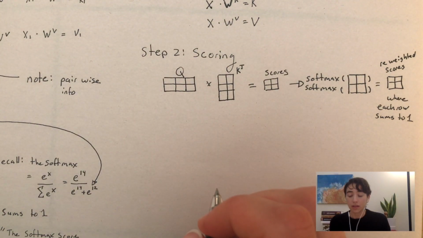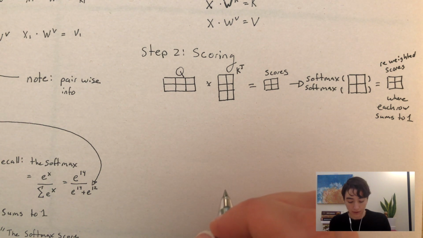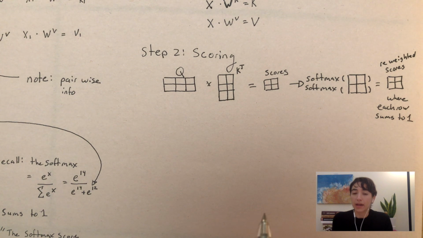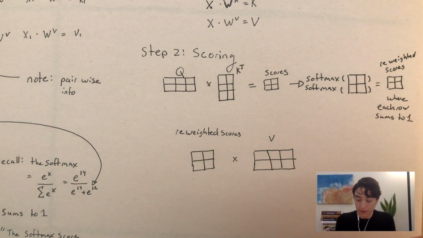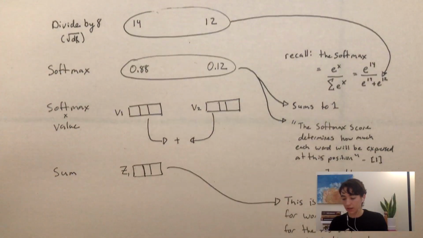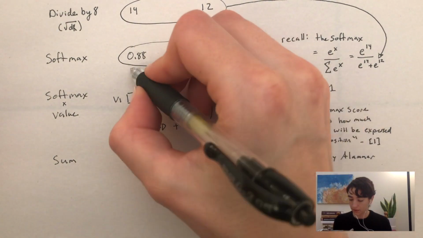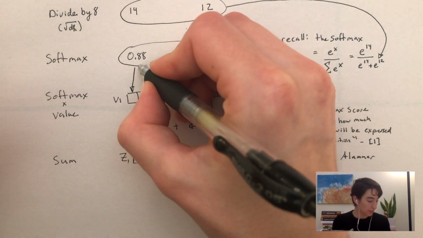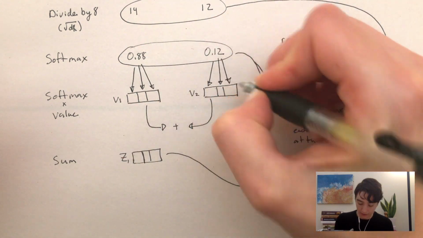It's worth noting that I am leaving out the division by 8 here, or rather the division by the dimensionality of K. It is just a very small operation. Everything that happens here, I actually forgot a thing here. This is supposed to be multiplied in like this.